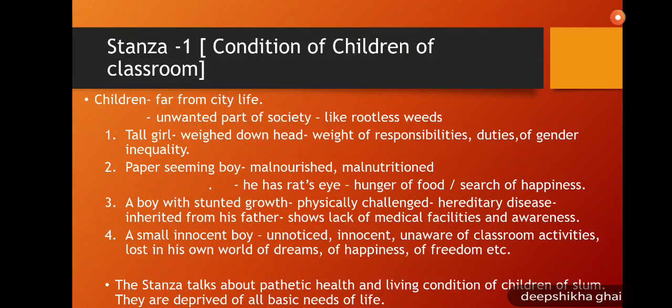The poet also tells us that these children are treated as an unwanted part of society, and therefore the poet has compared them to rootless weeds. Weeds, my dear children, are basically the wild grass, the unwanted grass. You people might have seen in the normal green grass you have yellow colored wild grass growing.